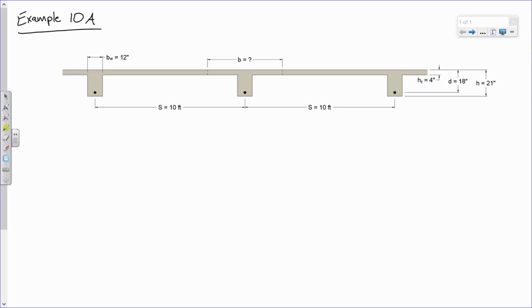One of the first things that we're going to need to do, and I'm just going to go ahead and get this out of the way now, is compute factored moments.